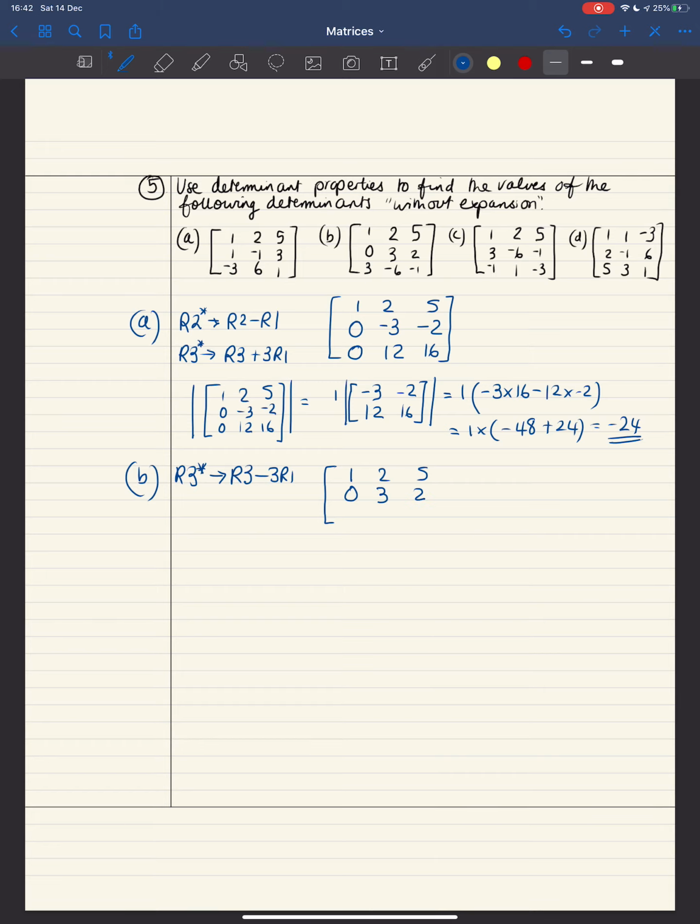So then we've got 3 minus 3 is 0, minus 6 minus 6 minus 12, minus 1 minus 15 minus 16. And then the determinant of this is 1 times 3 times minus 16 minus 12 times 2. So it's minus 48 plus 24, which is minus 24 again.